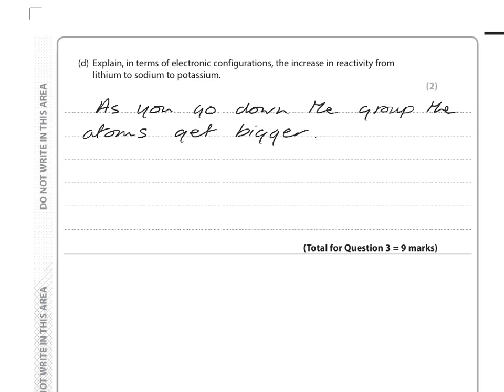Now you need to know that group 1 metals react by losing their outer shell electron. Sodium has got 1 electron in its outer shell and it reacts to give the sodium ion Na plus and an electron. It loses its outer shell electron.